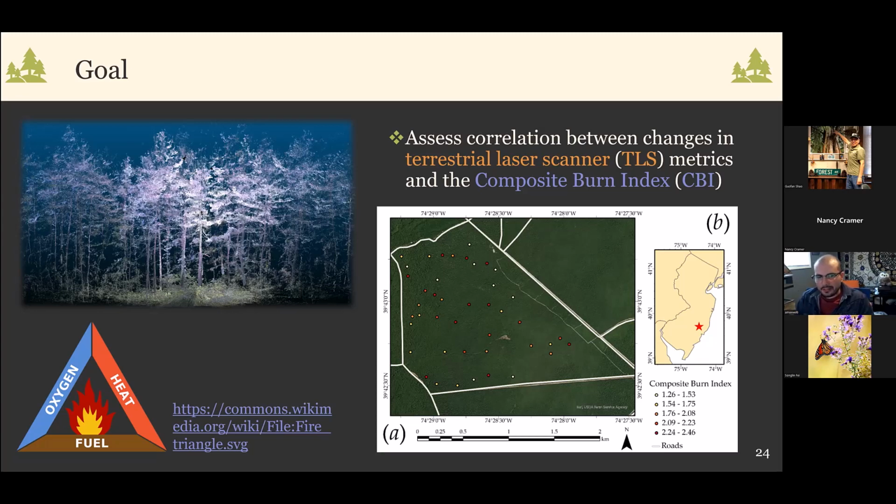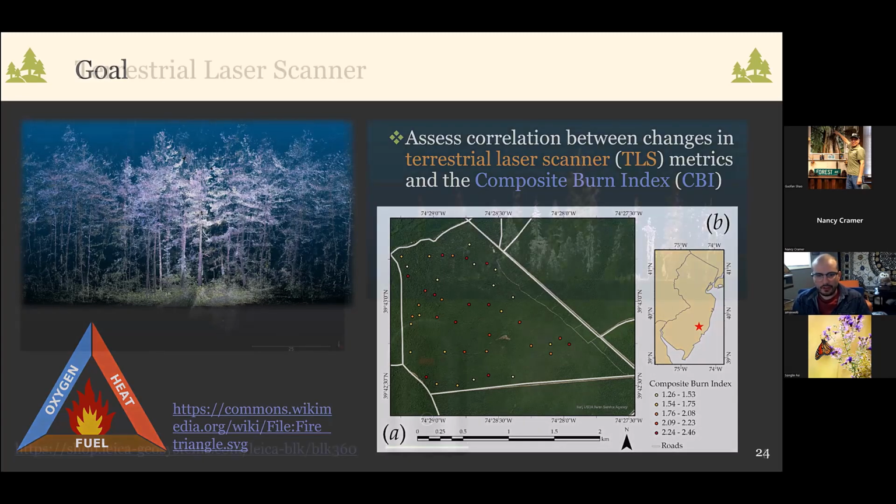So basically our hypothesis here was that the changes in the forest structure could be captured in the TLS data, and thus the TLS data might be a way in the future to assess burn severity.